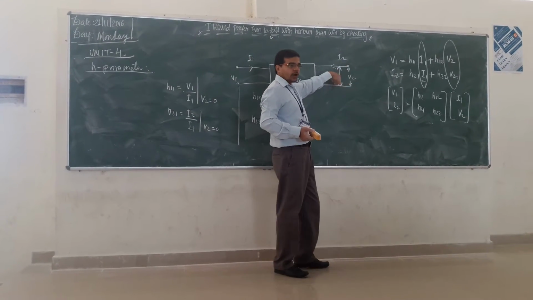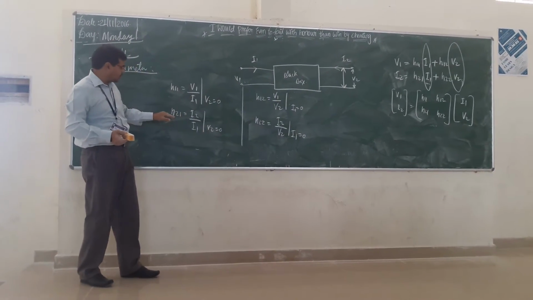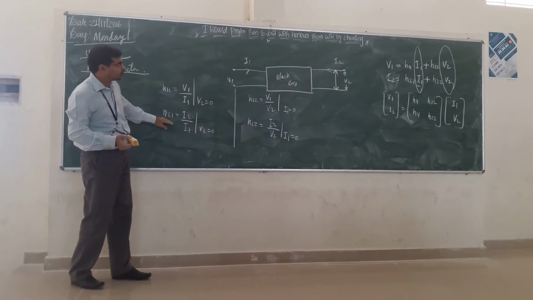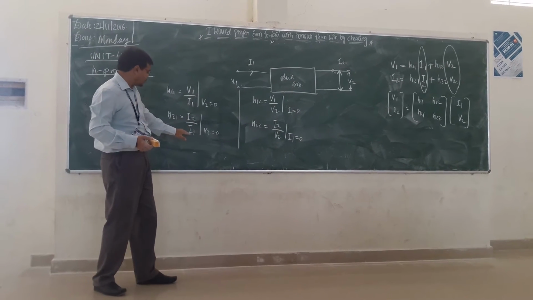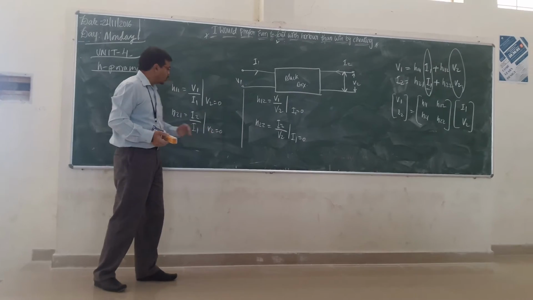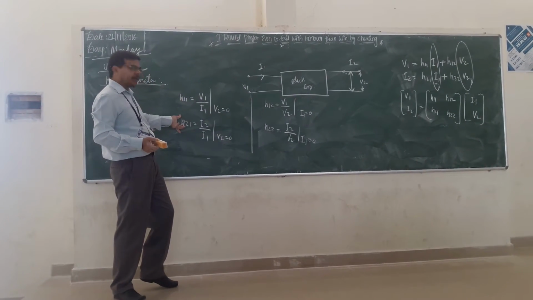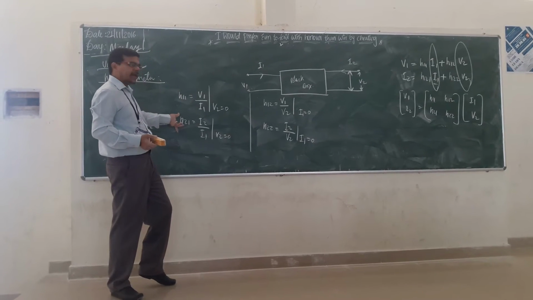Keeping this short circuit, I go for the next equation. H21 is equal to I2 by I1 at V2 equal to 0. So I get these two parameters, H11 and H21.